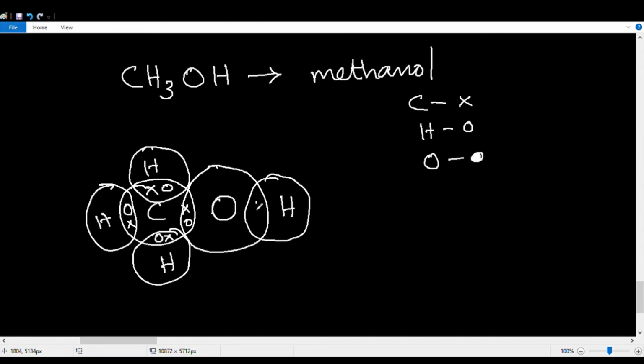Oxygen and the hydrogen also share, so oxygen has 8 electrons. This is methanol. Hope you all understood.